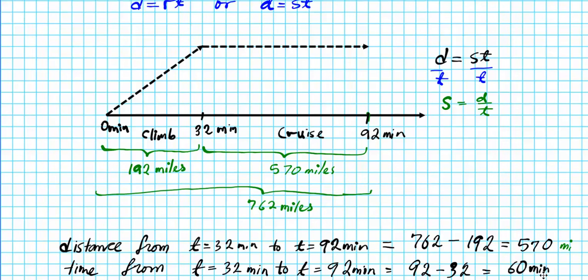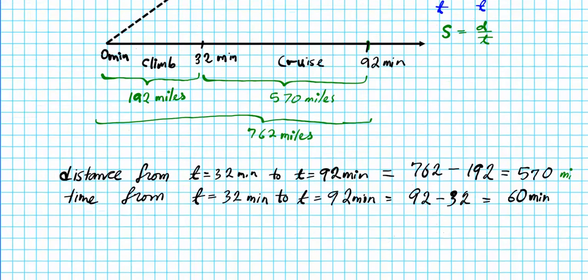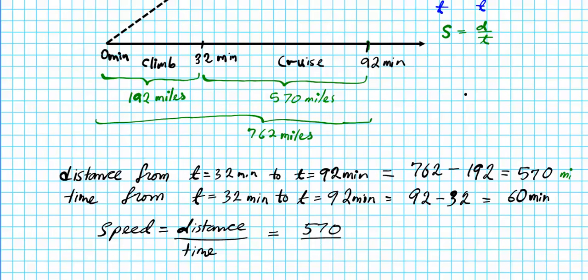Now, the formula for solving for speed is speed equals distance over time. If you solve the distance formula for rate, you get this. So plug in the values that we have. Distance is 570 and the time is 60.